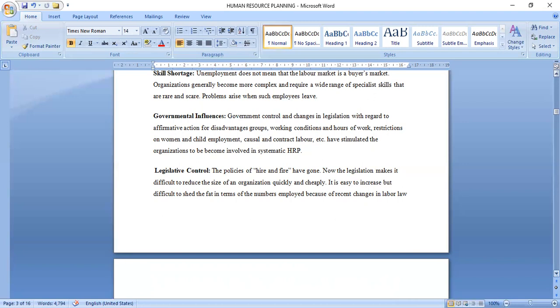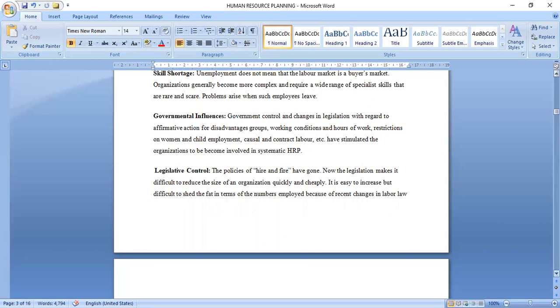So in most cases, government has influence on these organizations, whereby it may put restrictions on them. For example, to employ a certain number of women, that kind of thing.